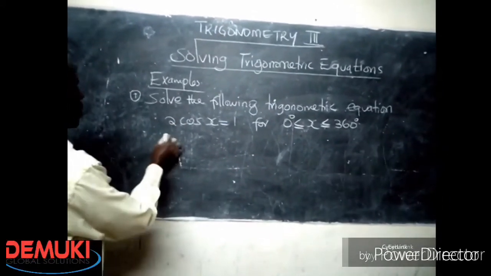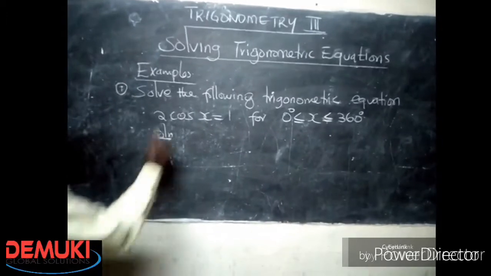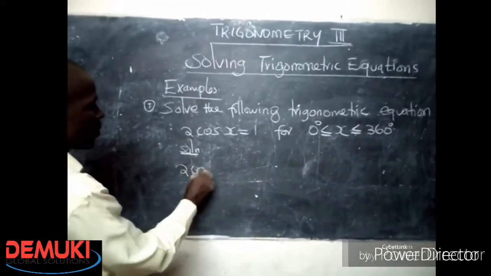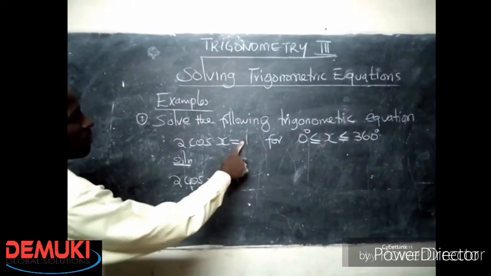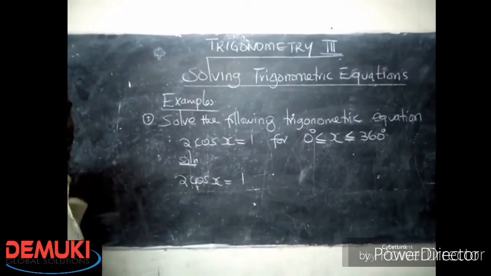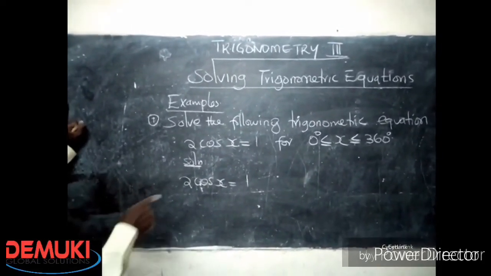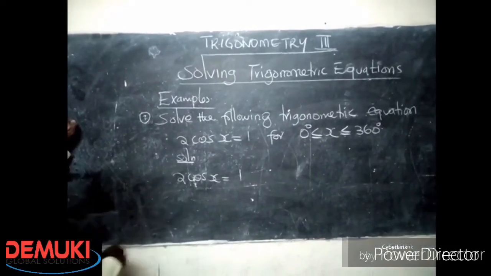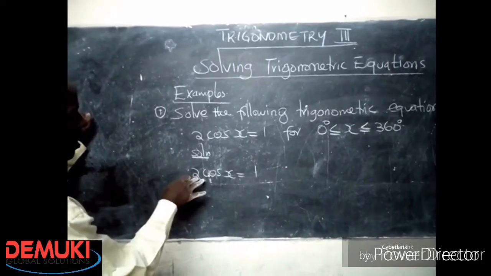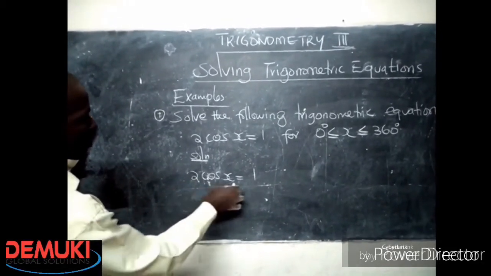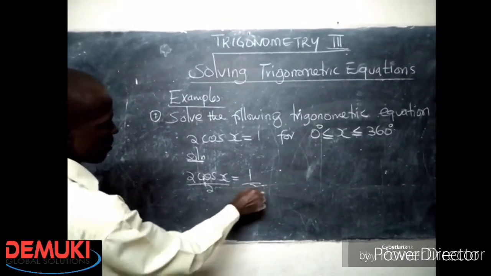We have the expression 2 cos x equals 1. And remember, this is very crucial, it is a positive 1. So when you get such a problem, you divide both sides by 2, and you get 1 by 2.